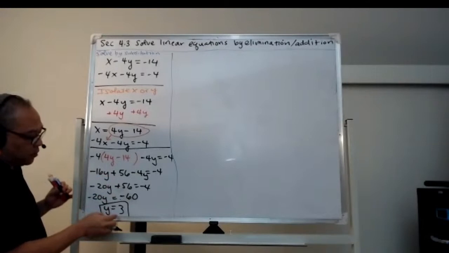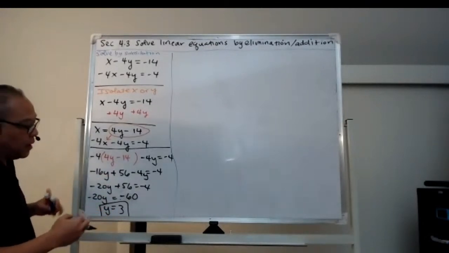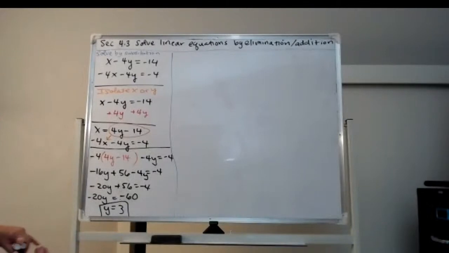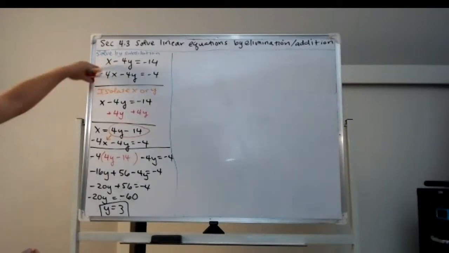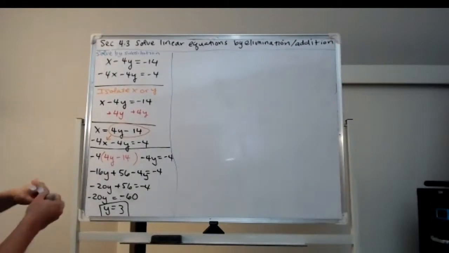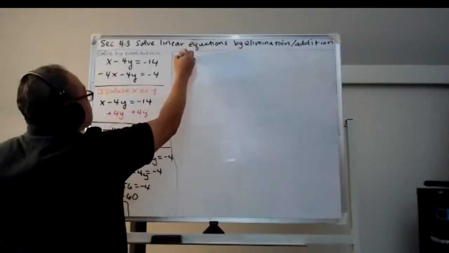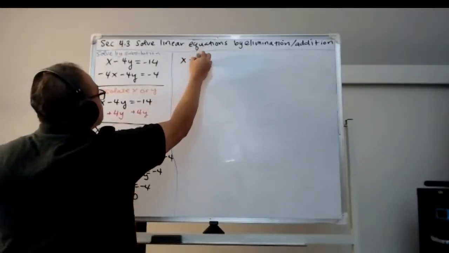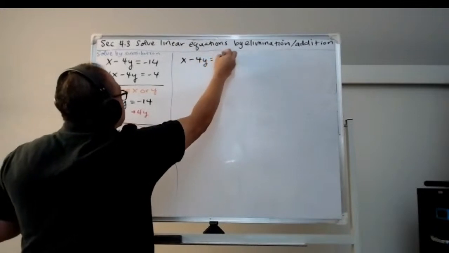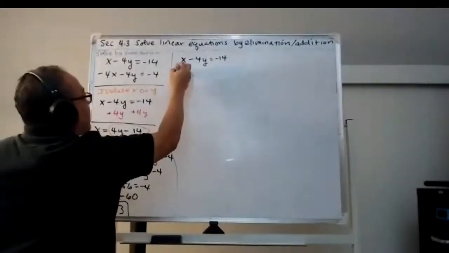Once I have 1 variable, I can actually solve for it. Now, after we finished that, we said, let's plug this into one of the equations that has 2 variables. So in this case, I'm just going to plug it in here. And then we have y is equal to 3.